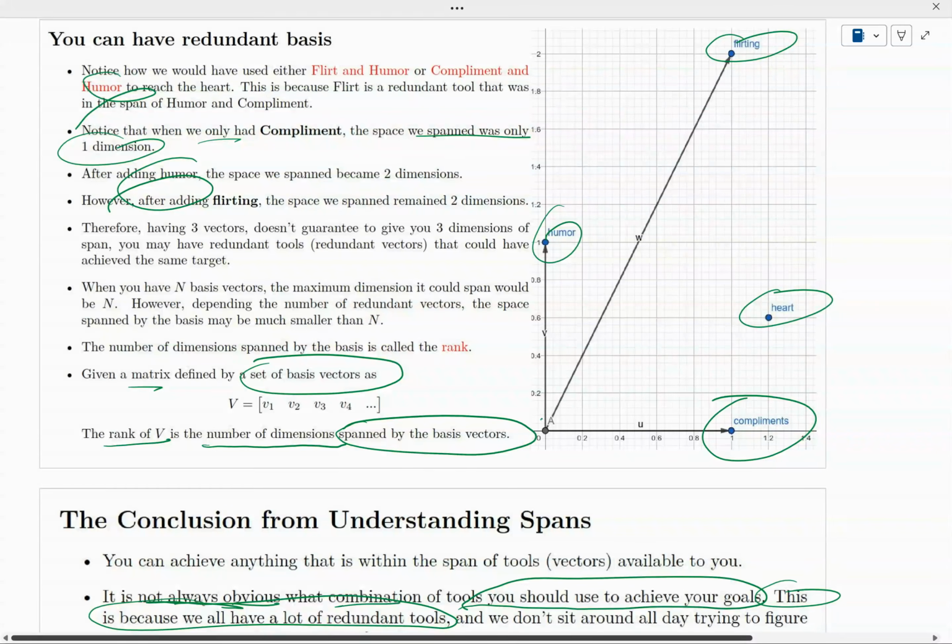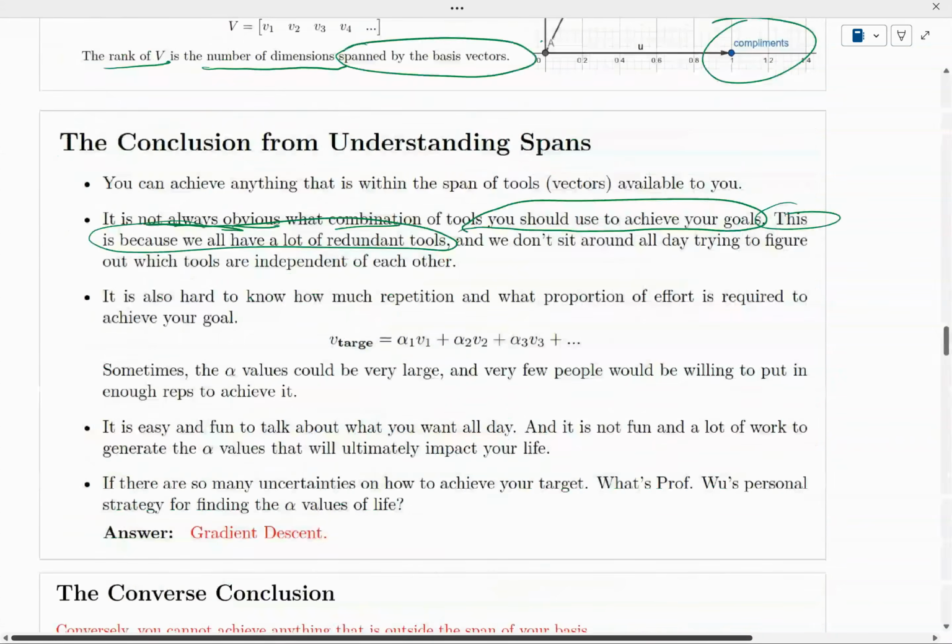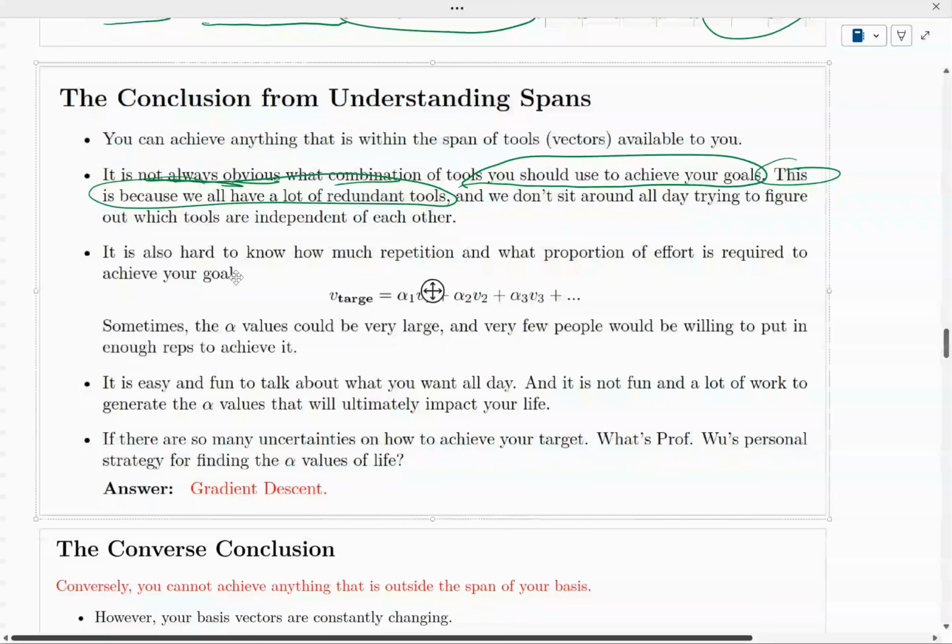Now, in this particular case, we only have three tools. But you can imagine in your own life, you could end up having lots and lots of redundant tools that, doing different combinations of different things, can achieve the same result. So it's really hard to know how much repetition of each tool you're supposed to use and what proportion of effort is required.